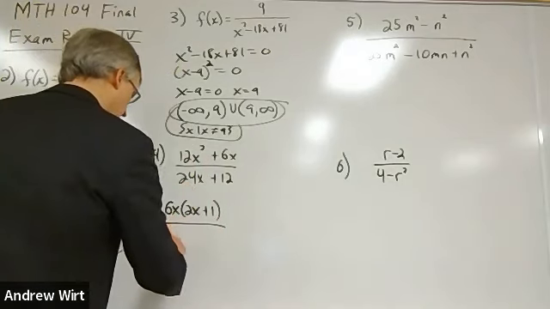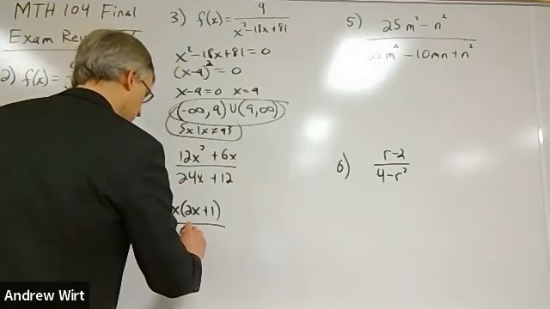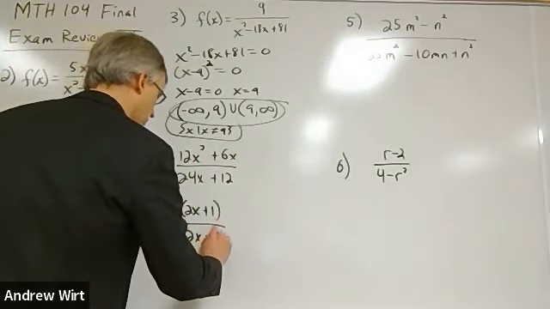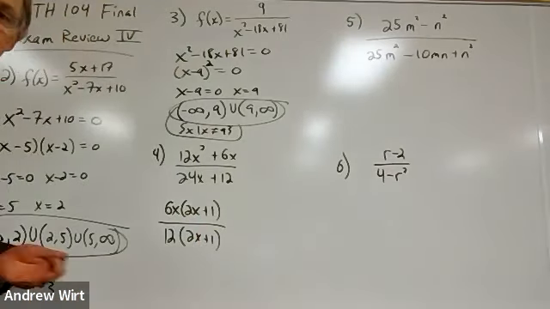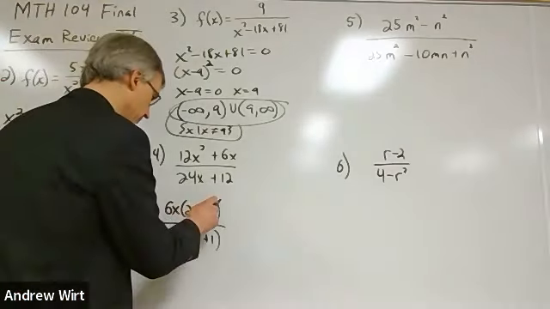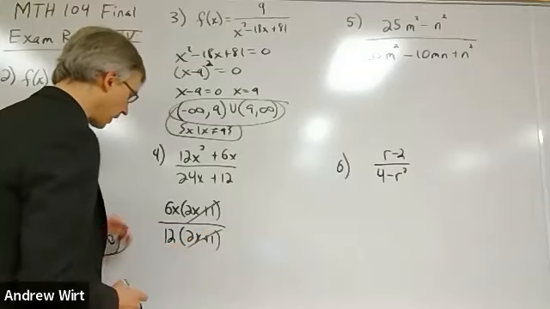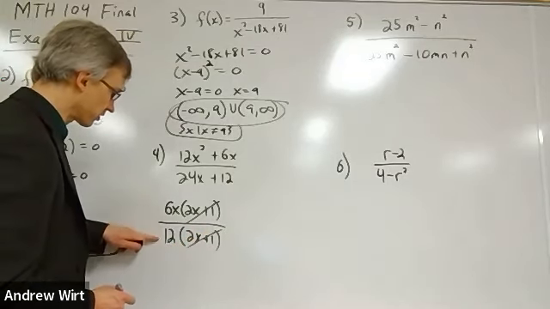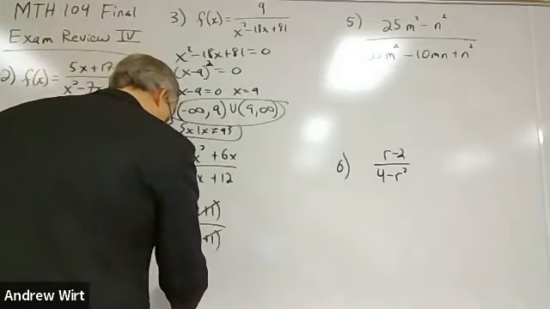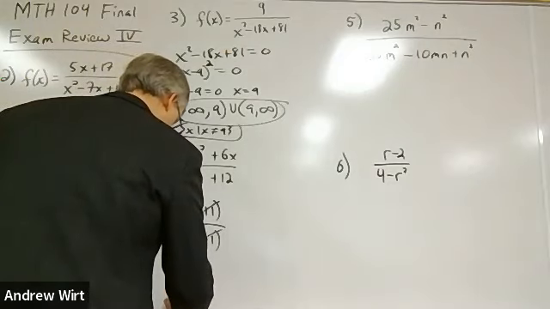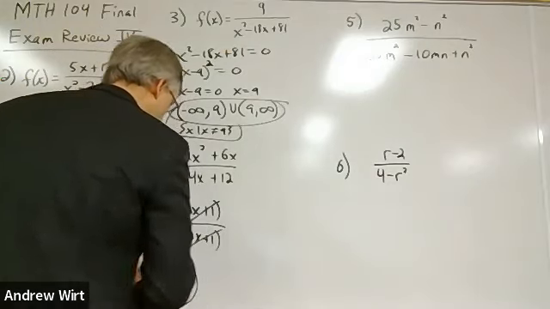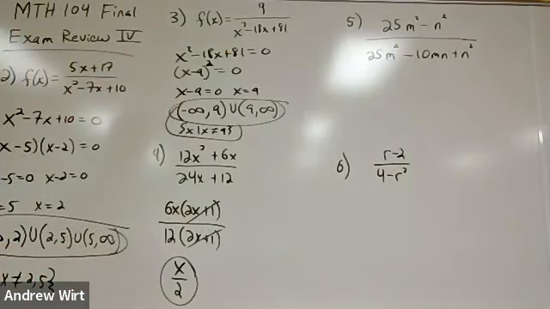And the denominator, we can factor out a 12. And we get 2x plus 1. So now we have matching binomials. Those will cancel. So those go away. Now we just need to reduce the fraction. 6 over 12 reduces to 1/2. So that reduces to x over 2.